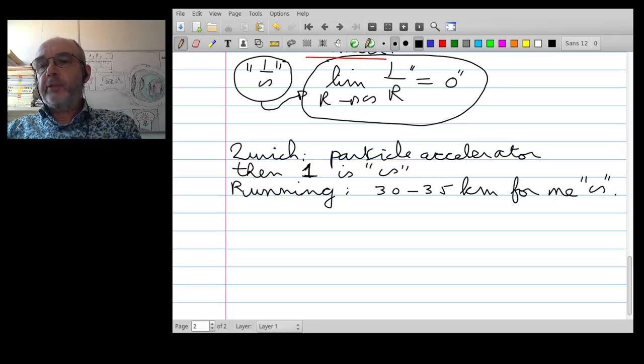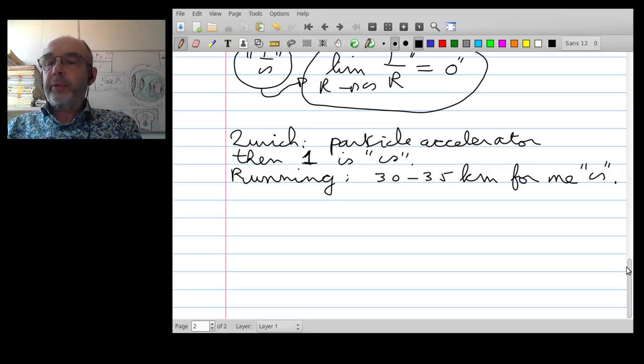Not really infinity, I should like to run more than that, but when I'm running on Sunday morning, I think 35, 40 kilometers is what I like to run, so maybe this is for me infinity.